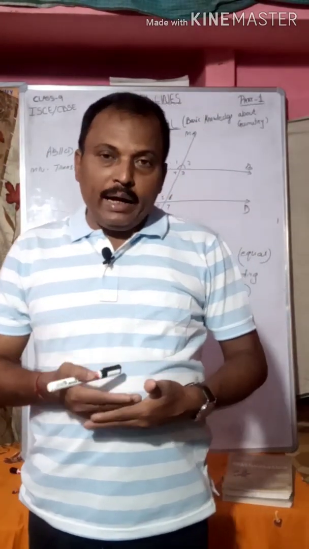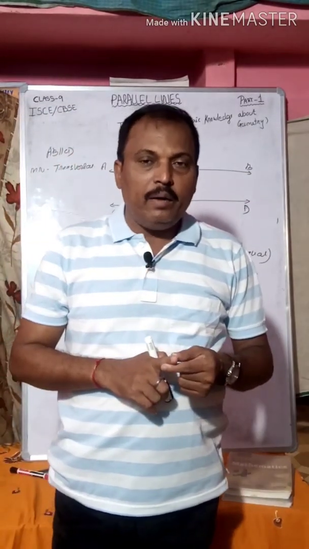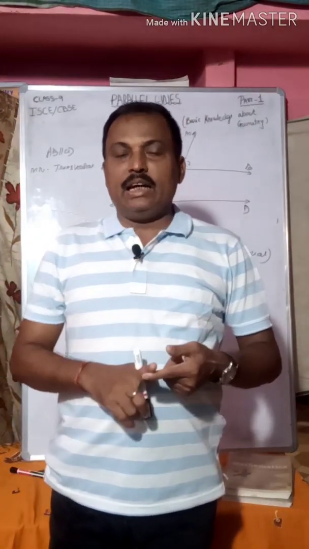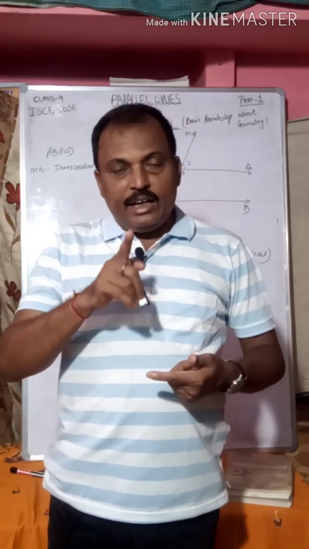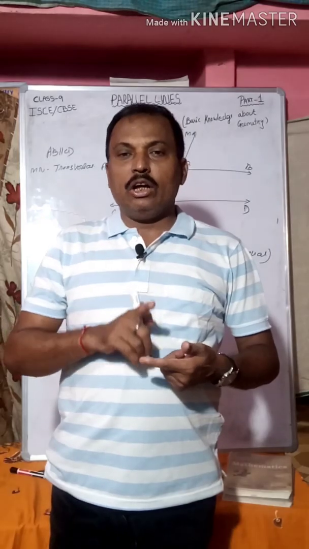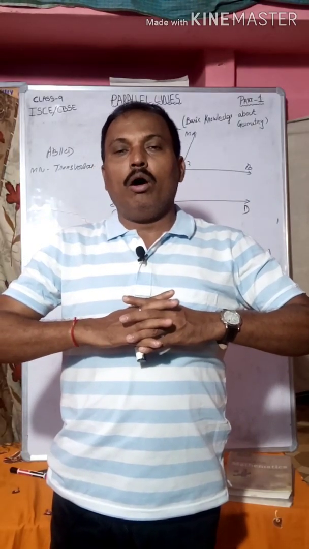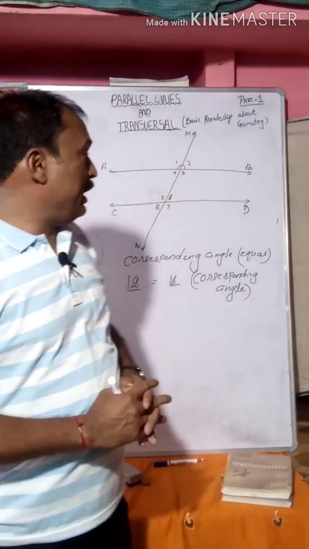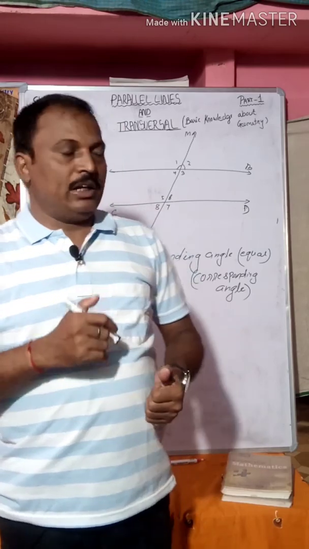Whenever two angles are present on one side of the transversal, they are not adjacent, but one angle is the exterior angle and another angle is the interior angle, then the two angles are corresponding to each other, or they are equal. This is the definition. You can write this definition in your language.